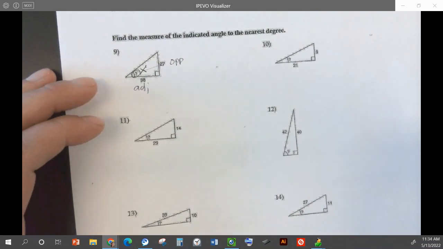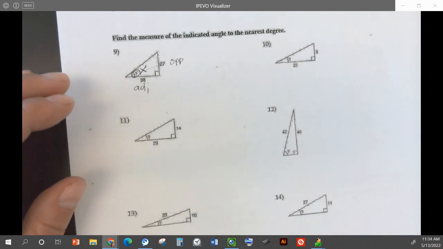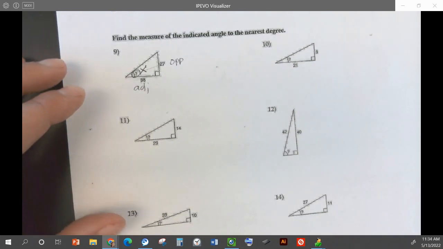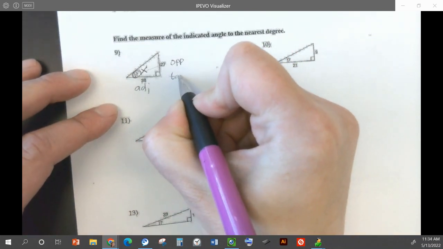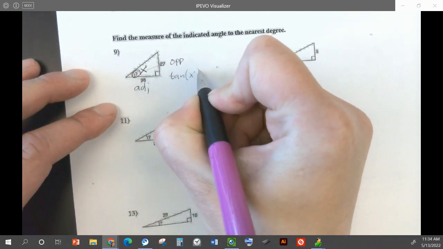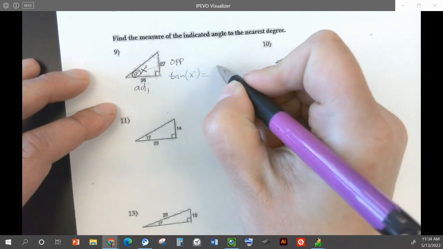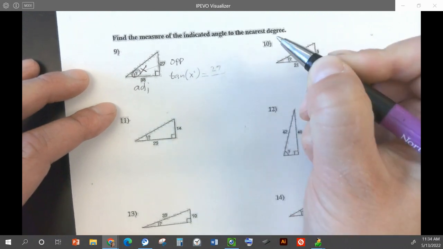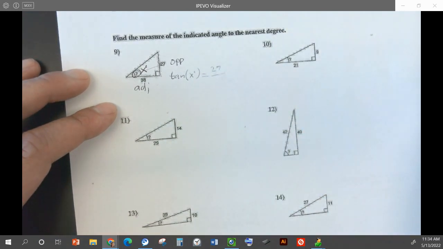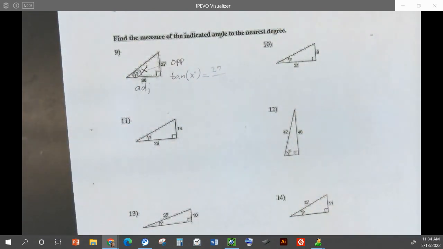Sine is opposite over hypotenuse. Yep. Tangent. Good. So we have tangent of our angle. We don't know what our angle is. Equals our opposite side, which is 27, over adjacent. My pen just died.